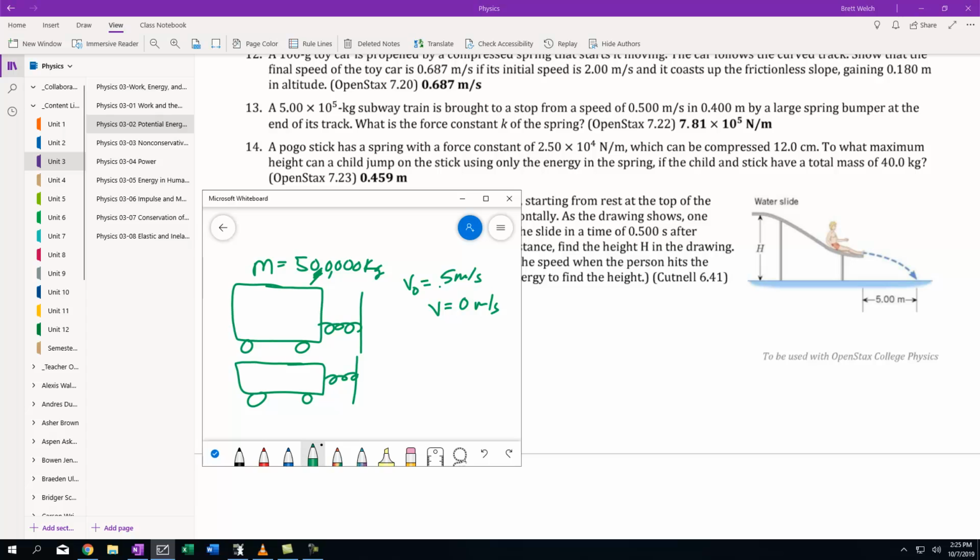We want to stop the train. We're told the distance, or change in x, of the spring. The spring would compress by the same amount that the train moves by, 0.4 meters. Now we're trying to get this train to stop.